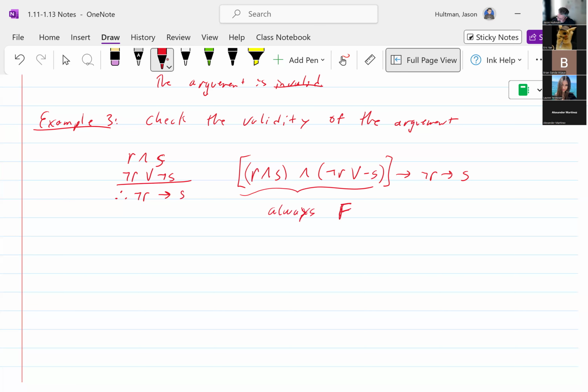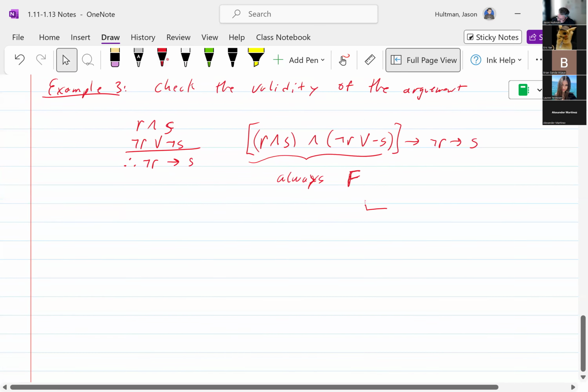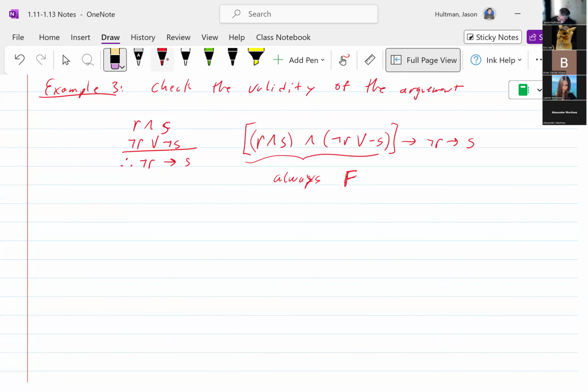Well, it's always false because we can use De Morgan's law to pull out that negation.